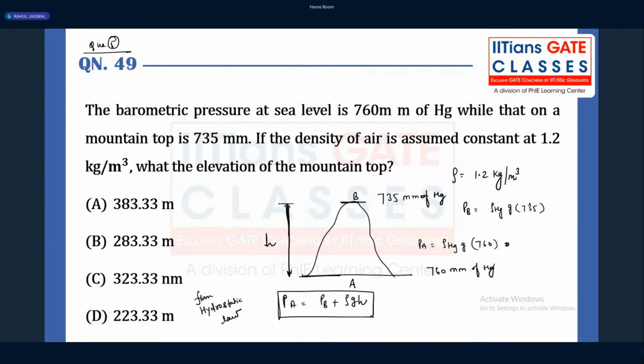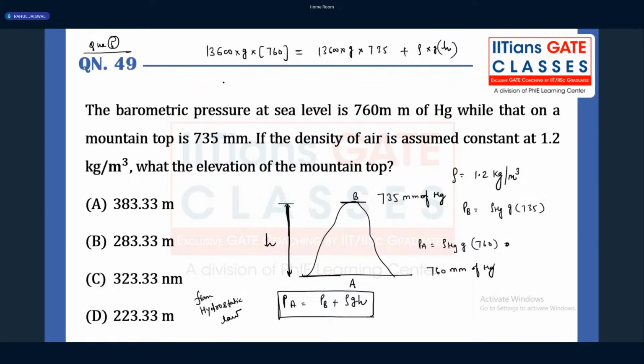Now the density of the mercury, its standard value is 13,600 kilogram per meter cube unless it is given in the problem. So PA is 13,600 into G into 760. What is the pressure at a point B? Pressure at a point B will be 13,600 into G into 735 plus rho of air G into height.